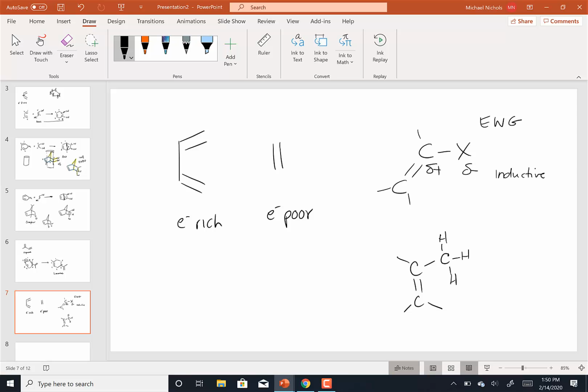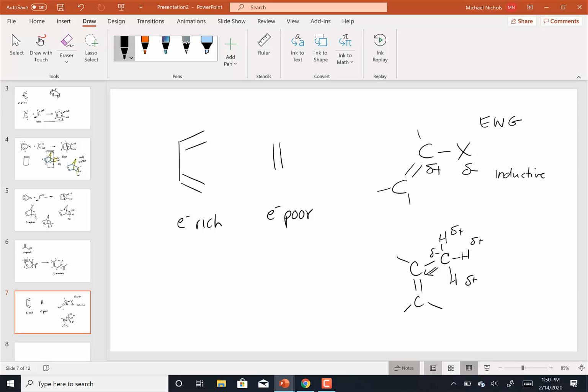Any alkyl group. What happens there? The hydrogens become slightly positive. The carbon becomes slightly negative. What does the slightly negative carbon do? It pushes the electron density into the double bond.